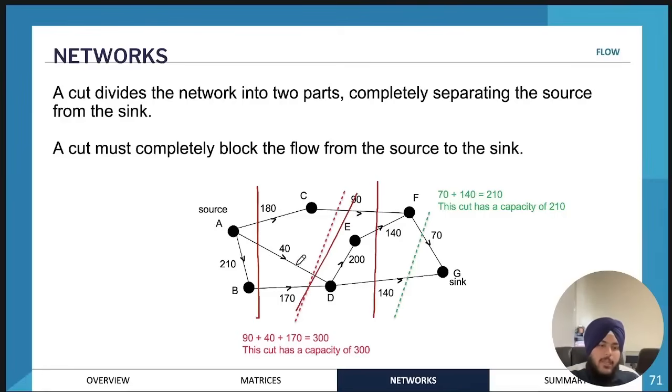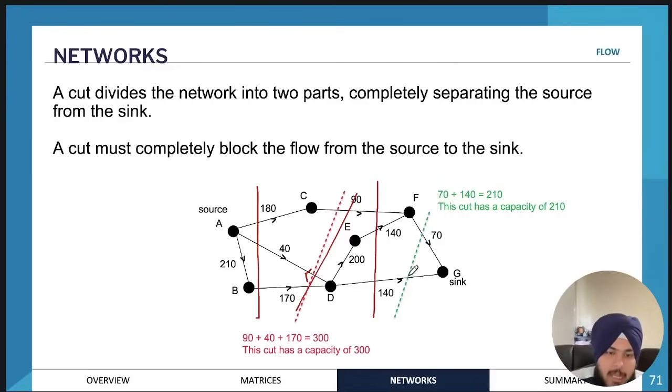The important thing to note is you're only going to add up the pipes that are intersecting with the cut and that are flowing in the direction towards the sink, not towards the source. So if we had a pipe flowing in this direction, you wouldn't add up the capacity of that pipe when you're calculating the flow of that cut. So really important to note.